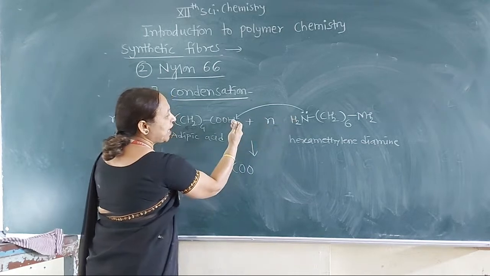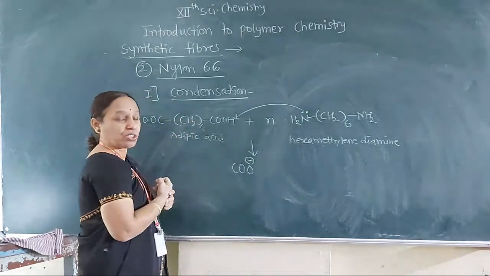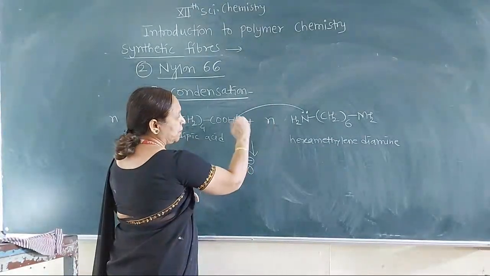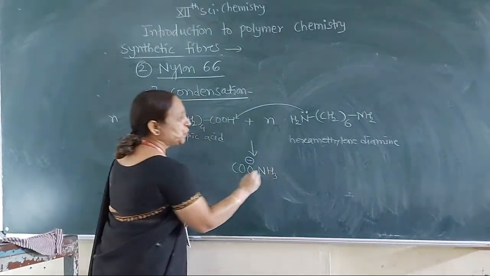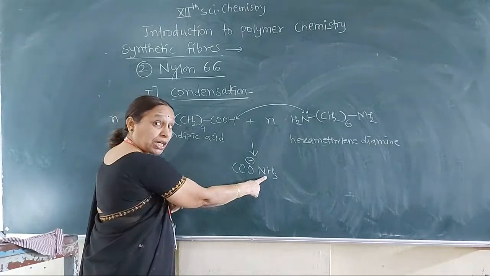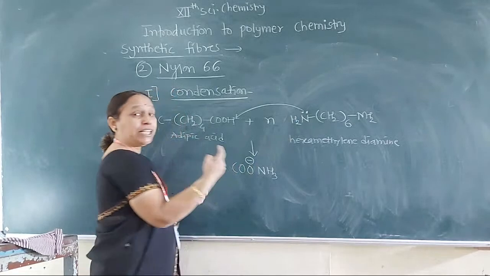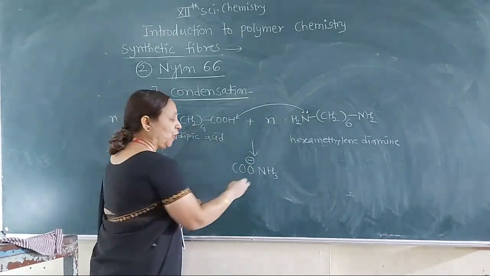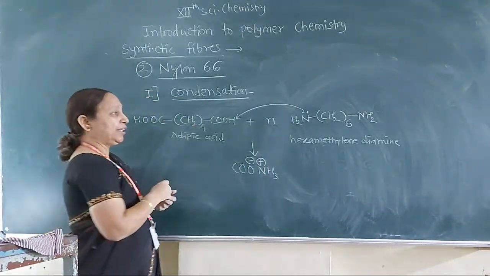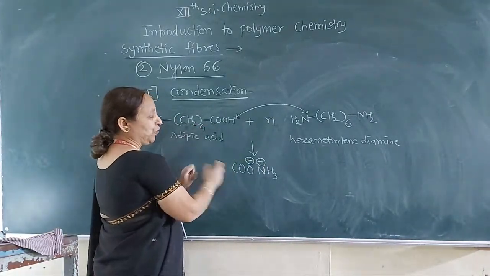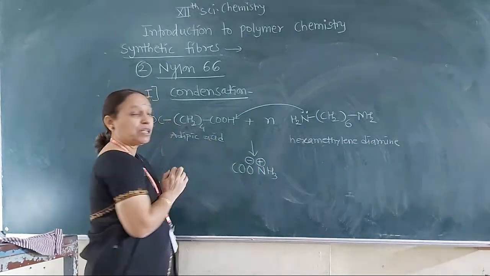When this nitrogen abstracts this proton, this oxygen becomes negatively charged, and NH2 changes to NH3. As the pair of electrons is used to abstract the proton, positive charge is developed on this nitrogen, and thus in between these 2 molecules, COO minus NH3 plus is formed.